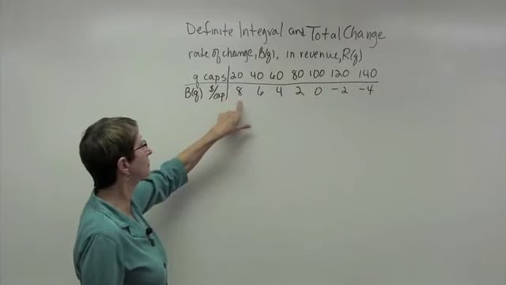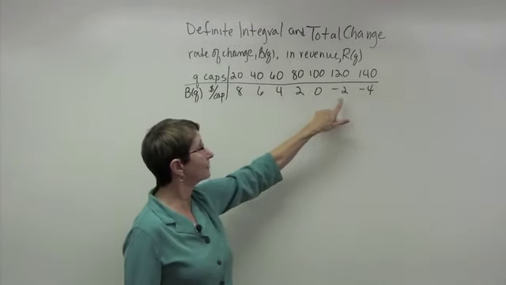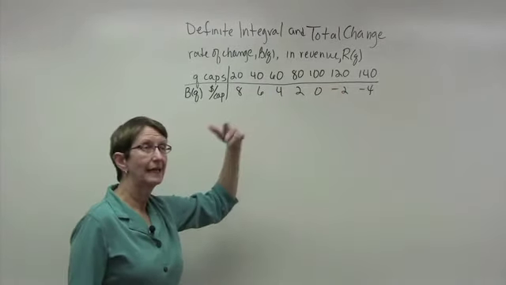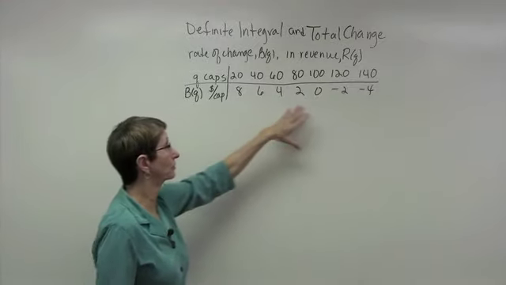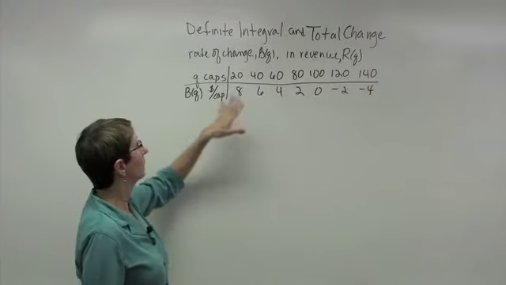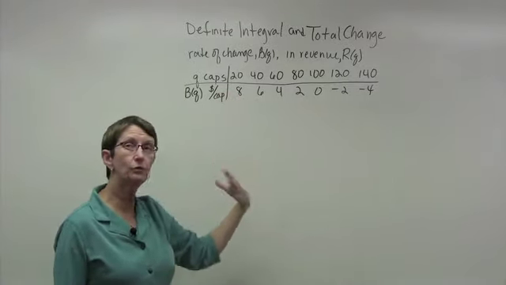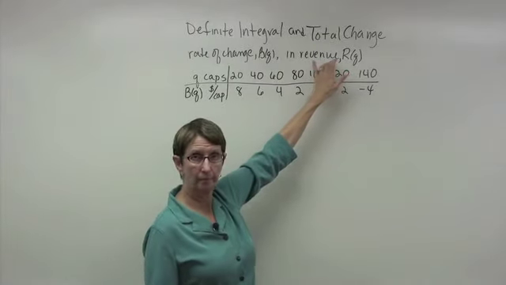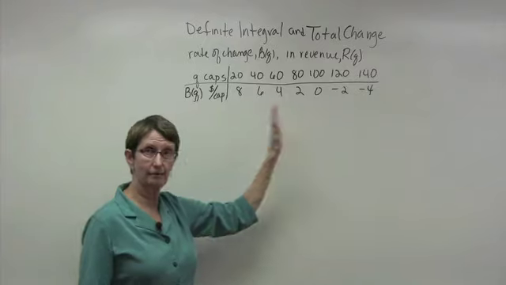So the change in revenue has gone down a little bit. And as we see, by the time we get over to 120, the change in revenue is going down even further. Now remember that this is just a rate of change, and what we want to do is to estimate the total change in revenue, in income.